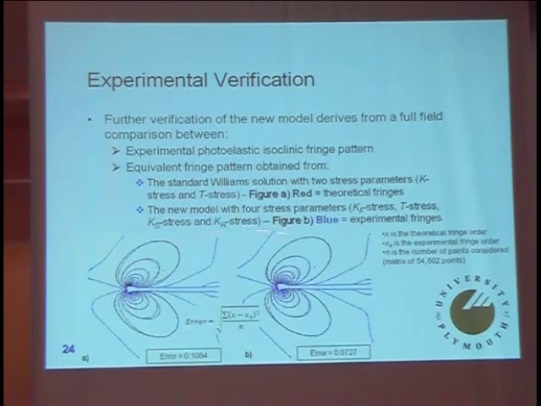Now the fit may not look too different, but in fact the error is a good 30% lower in the key area around the crack tip than that one. So I'm not saying this model is totally right yet, but it's on the right track.